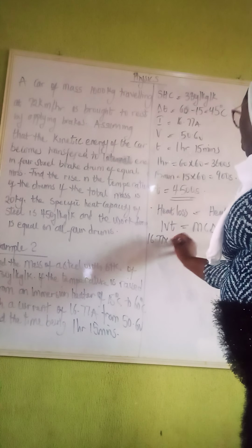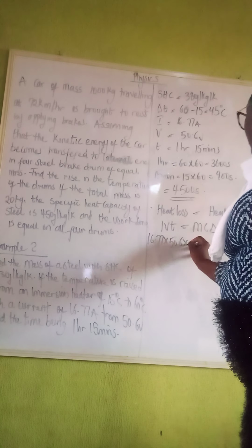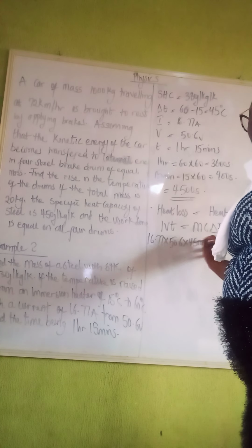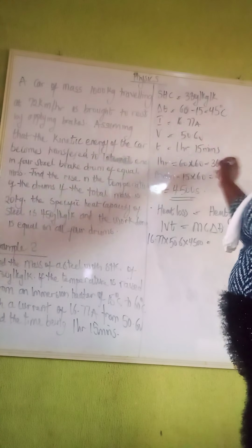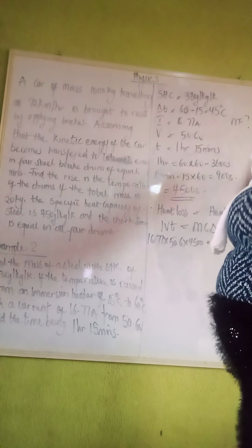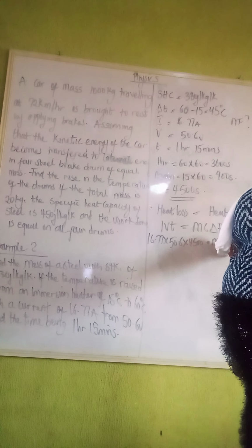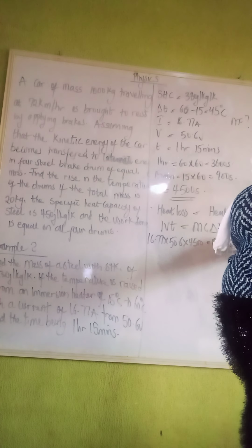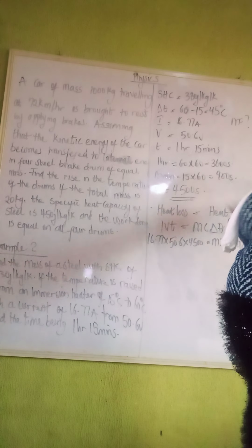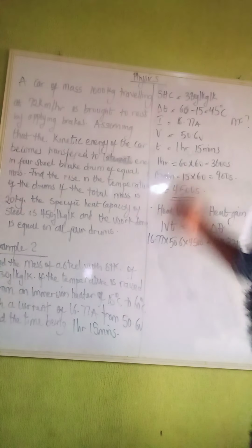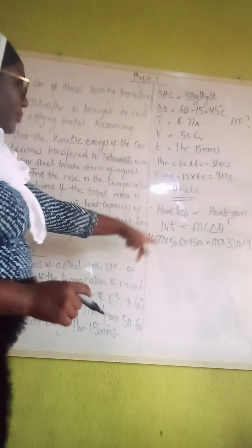What is our voltage? 50.6. Our time, 4,500. What is the mass? That is what we are looking for, m. Specific heat capacity, 330. And what is the change in temperature? 45. Is that taken? Can you see the way I analyze my parameters?